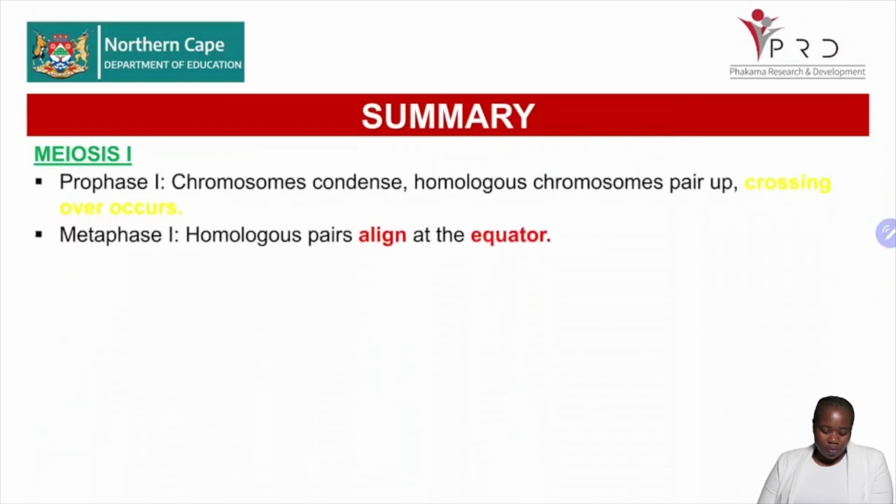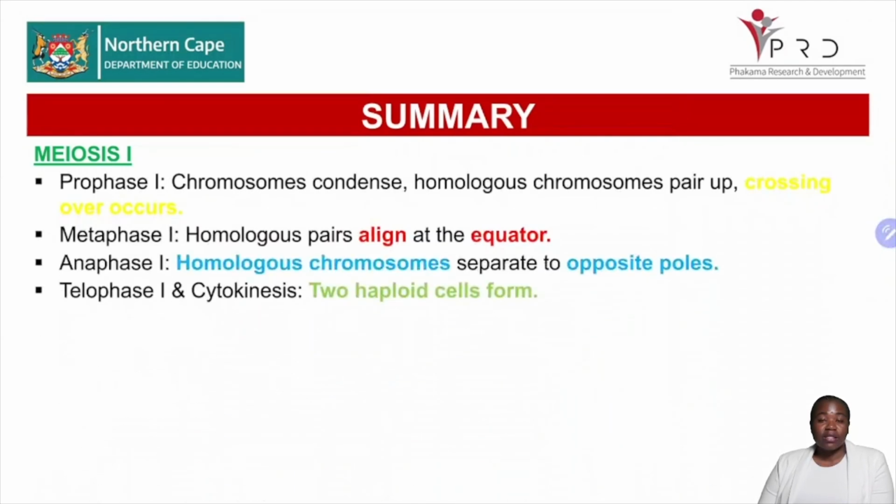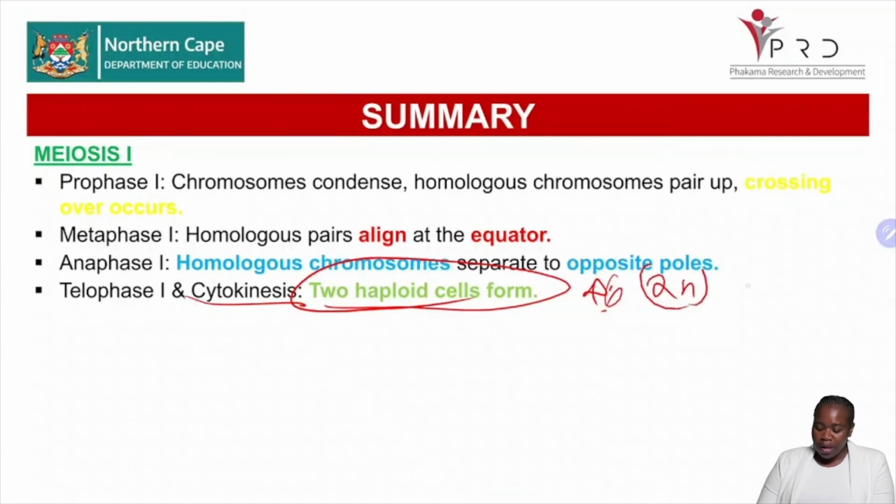Now, just to summarize what we discussed, in meiosis 1, we have the different phases there: prophase 1, metaphase 1, anaphase 1, and telophase 1. Telophase and cytokinesis, which is the division of the cytoplasm, right? Whereby we end up with 2 haploid cells. The chromosome number has gone from 46 in humans, or 2n, to being n, which is 23, right?